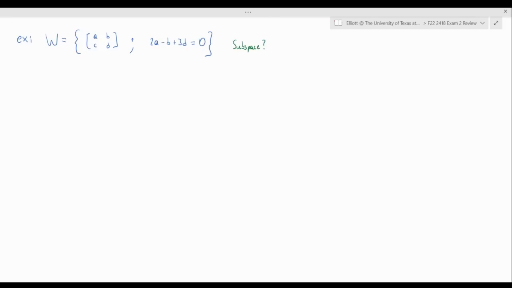So how would we prove that this is a subspace? Again, you'll need to check closure under addition and scalar multiplication. So let's take two 2 by 2 matrices. We'll call them W1 and W2. And notice I'm using A1 and A2 and so forth for the entries. Sorry, that should be C2.